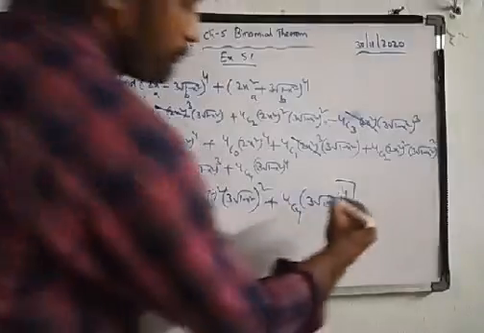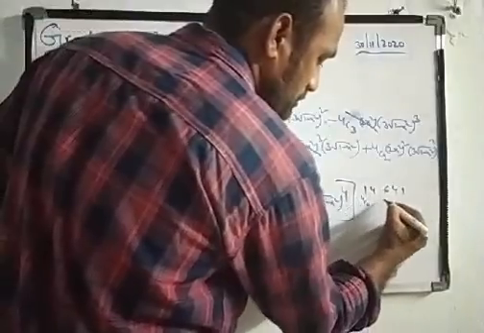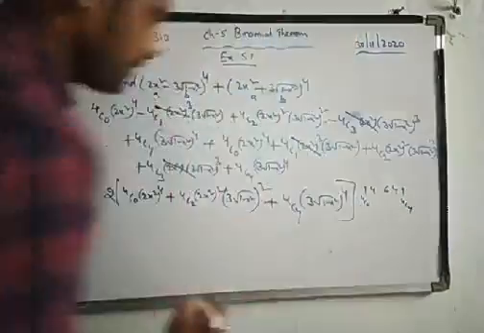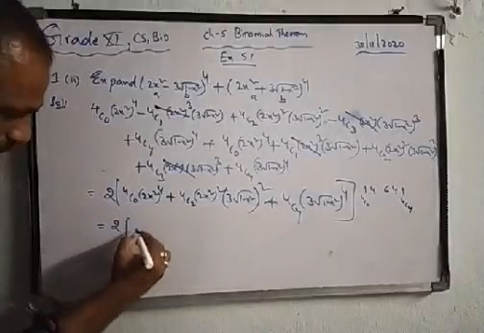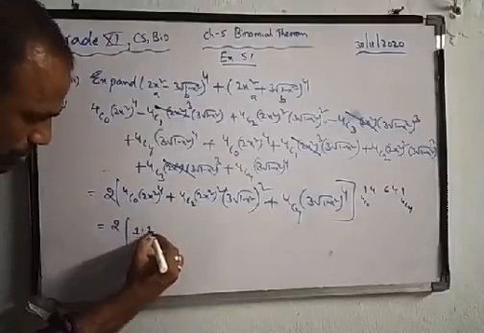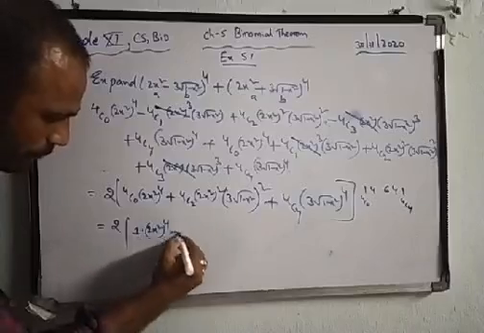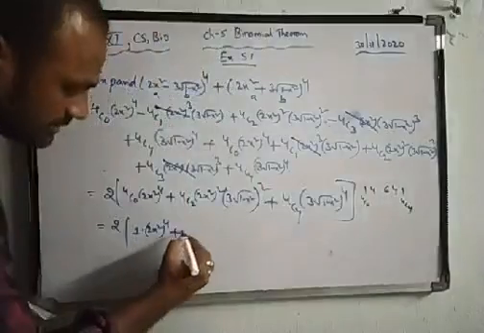So we know the values 1, 4, 6, 4, 1. So this is 4C0, this is 4C4. We want the 4C0 value, that is 1. So 2 into 1 into (2x square) whole to the power of 4 plus 4C2, that is 6.